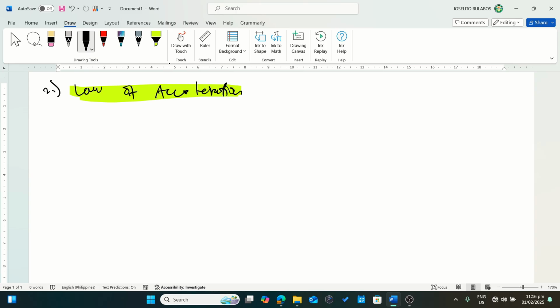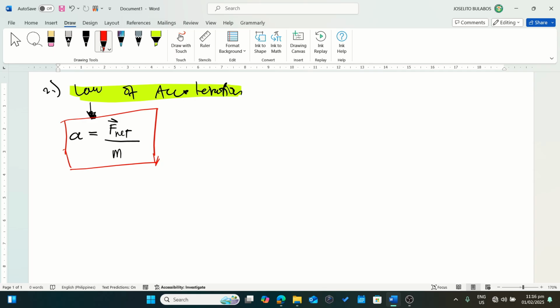This law of acceleration can be put into an equation: a equals F over m. So this is the mathematical representation of the second law.